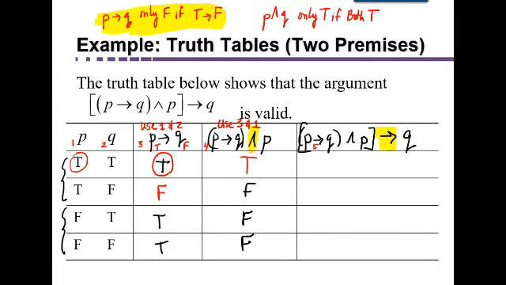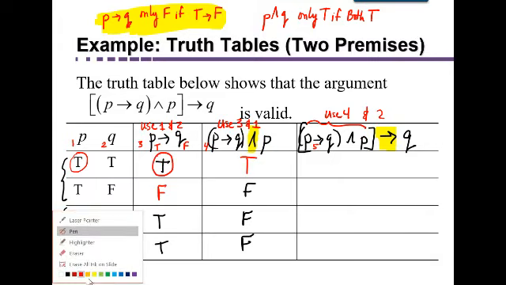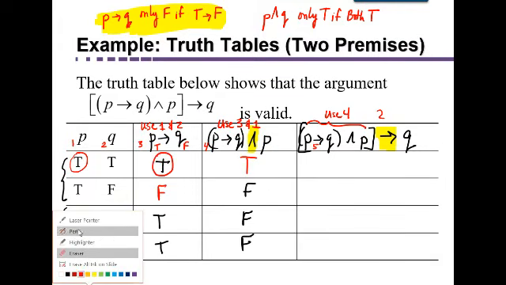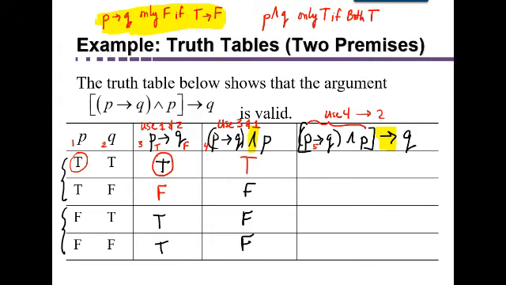4 has everything that's in the big brackets. This is going to be 4, and then Q is in column 2. So we look at columns 4 and 2. Now, since it's the conditional, the order matters. We're going from column 4 toward column 2. Right? The antecedent is in column 4 and the consequent is in column 2.